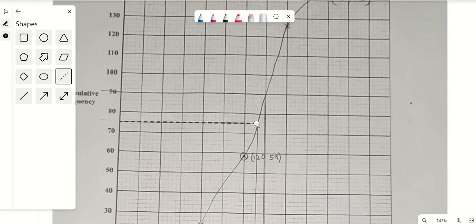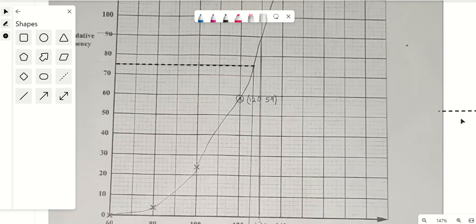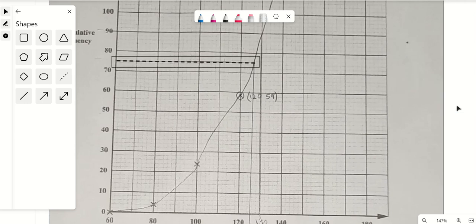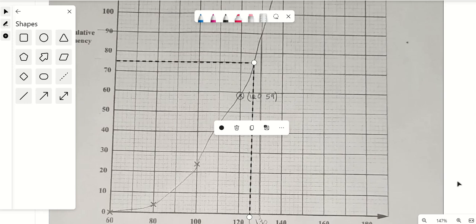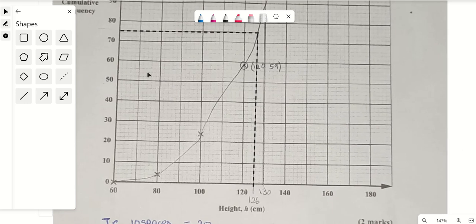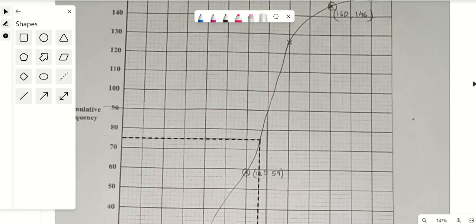We're going to go across, and where it cuts your cumulative frequency curve, we're going down. So we see that when my cumulative frequency was 75, my height was 126.